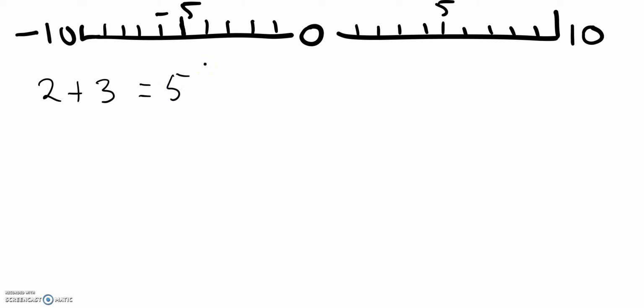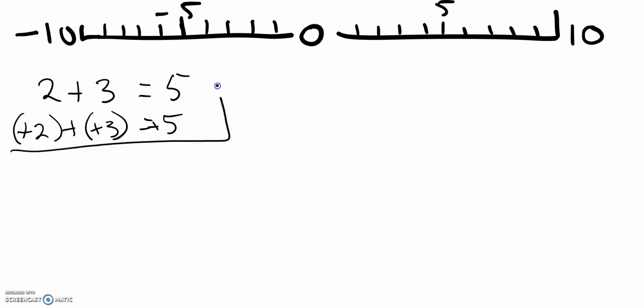If we had to look at it a little bit differently, we'd actually say positive 2 plus positive 3 to give us our positive 5 mark. If we were to look at it in a little bit different view though, so I'm just going to corner that one off.